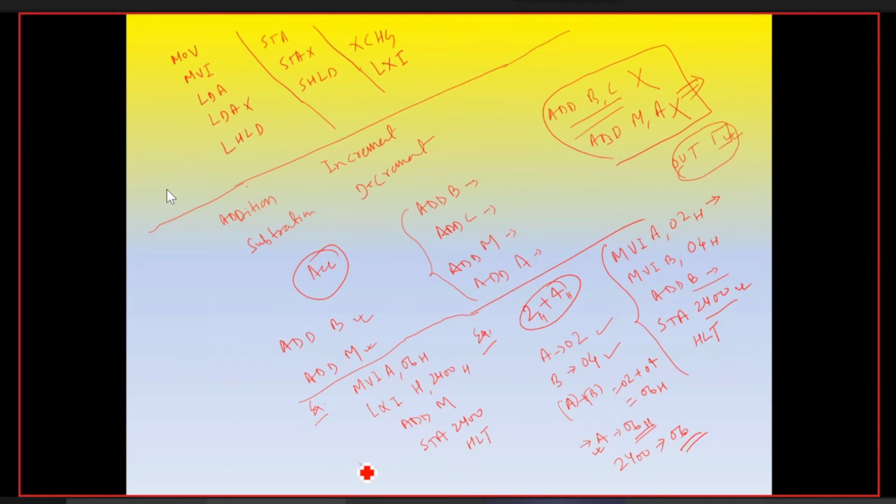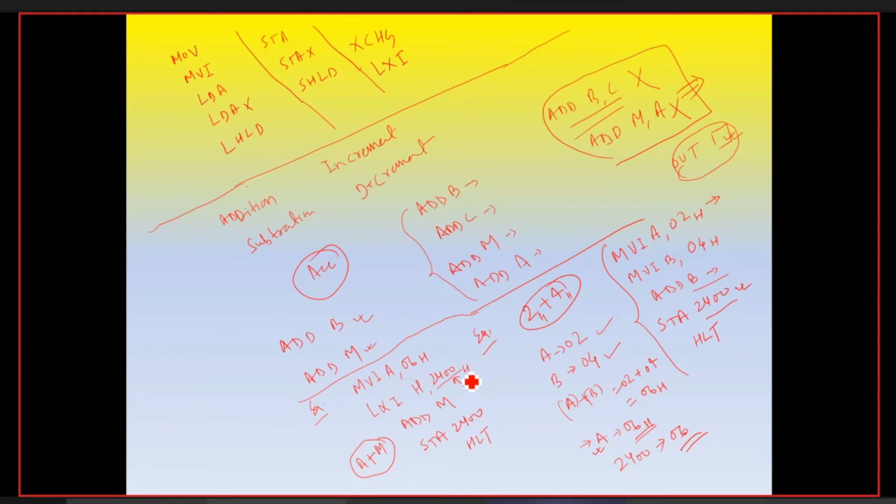Add M means we are adding content of accumulator and content of M. This M is nothing but content which is stored at this location 2400.